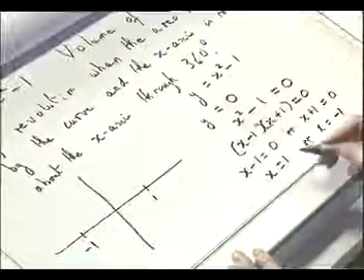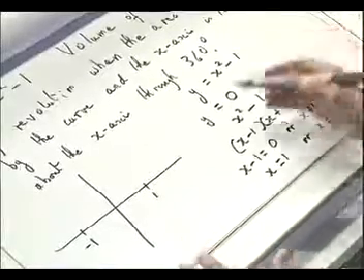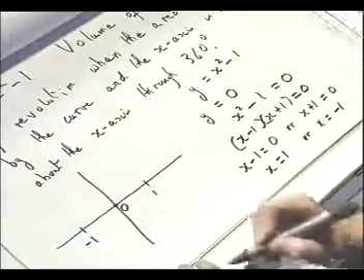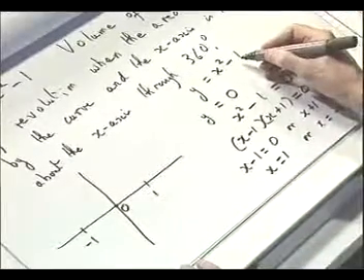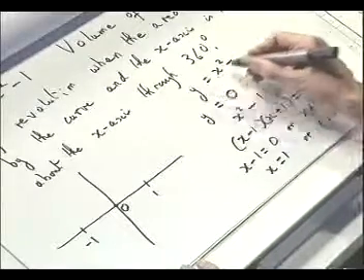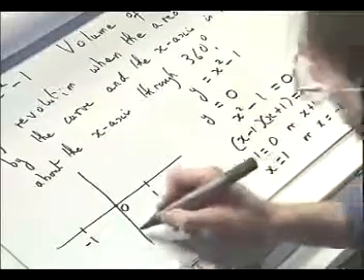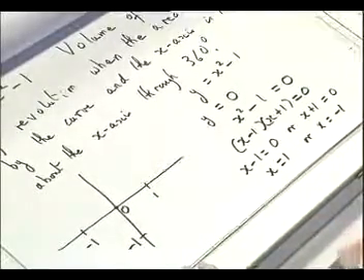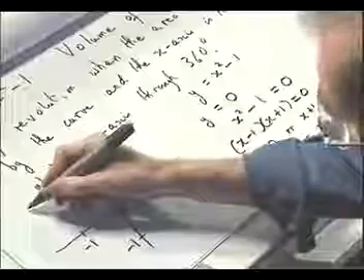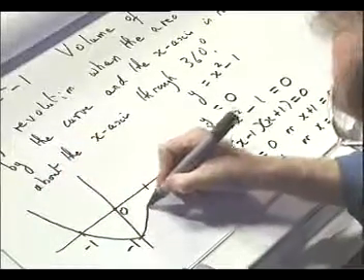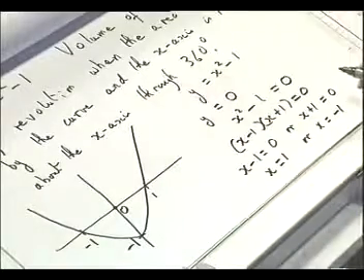What else do we know about this? Well, what if we set x equal to 0? What if we investigate what happens when x is 0? Straight away we can see when x is 0, y is equal to minus 1. So the curve's down there. So we can tell now that the curve must look something like that.